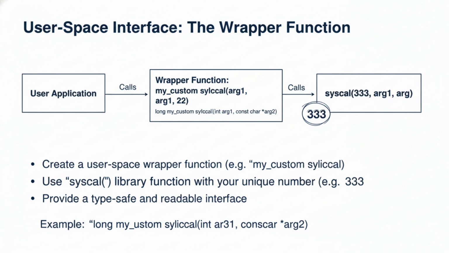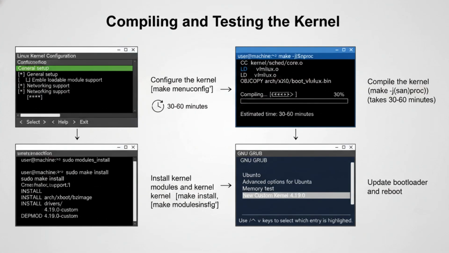For example, long my_custom_syscall(int arg1, const char *arg2) would call syscall(333, arg1, arg2). This abstraction simplifies development for applications using your new system call and promotes code clarity, making it easier to maintain and debug.